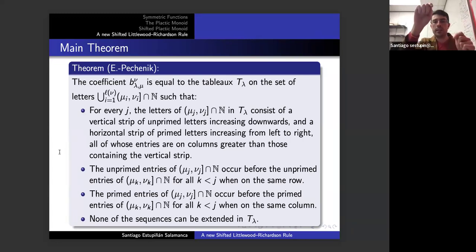So basically, you lay down successively vertical strips of unprimed entries and then horizontal strips of primed entries, increasing the vertical strips from top to bottom and the horizontal strips from left to right, in such a way that the horizontal strips consisting of primed entries are right of the vertical strips corresponding to unprimed entries, and such that none of these vertical and horizontal strips can be extended. I will explain later what extended means.